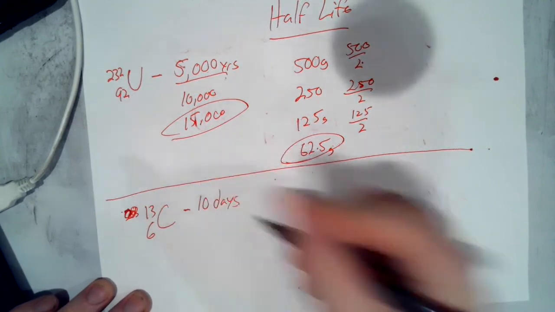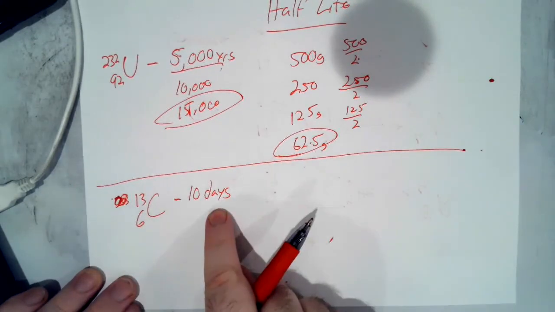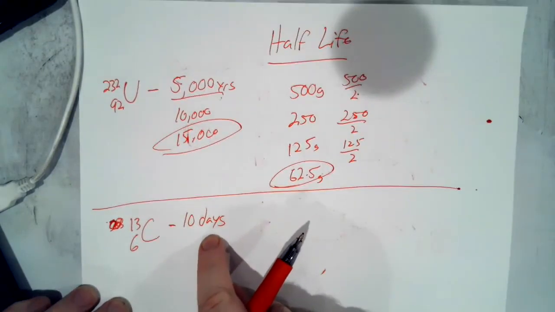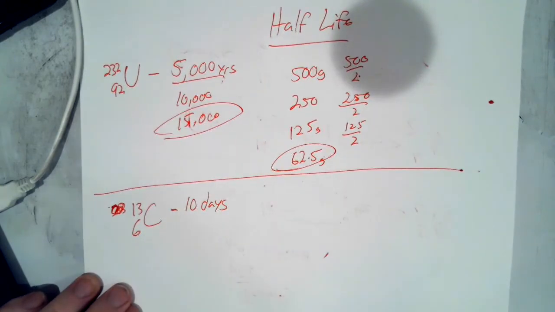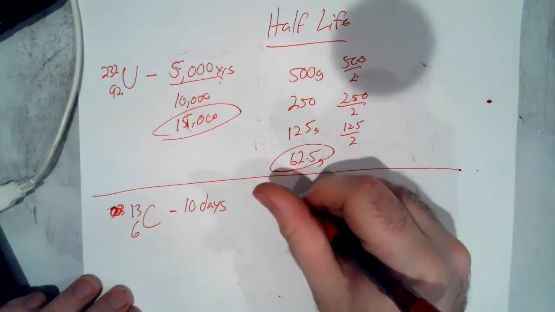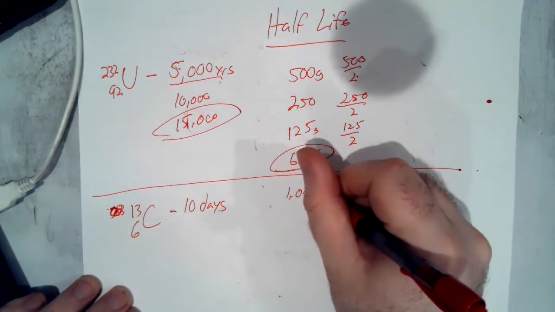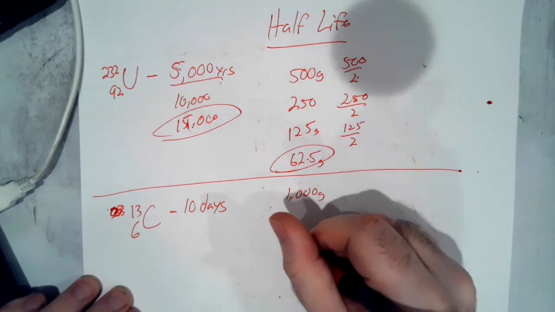That's not true at all, but we'll just guess. It takes 10 days for carbon-13 to reduce by half. That's its half-life. How many days will it take to go from 1,000 grams to 250?